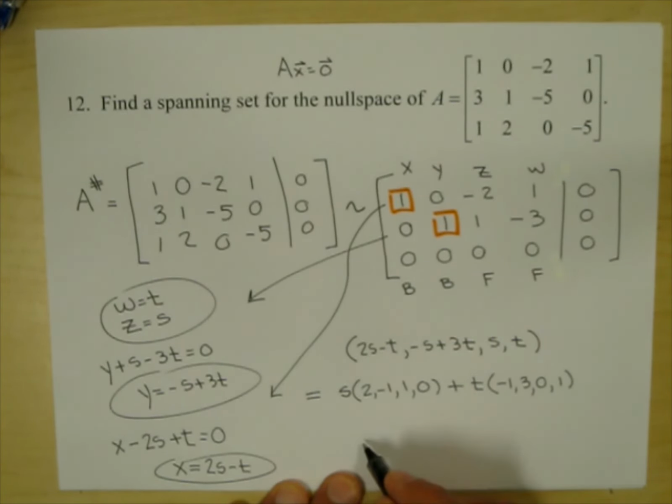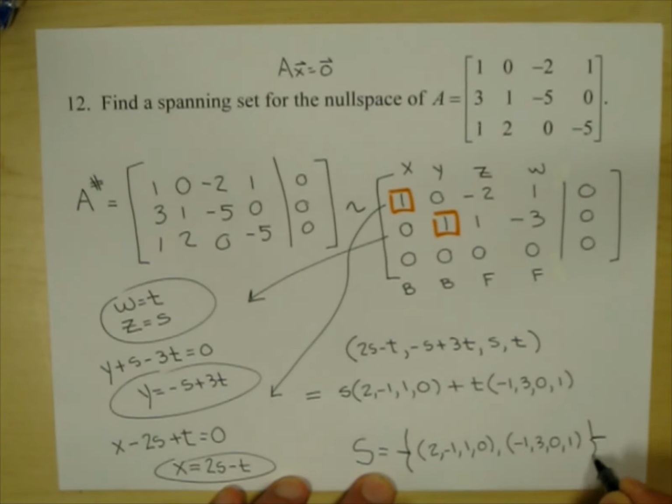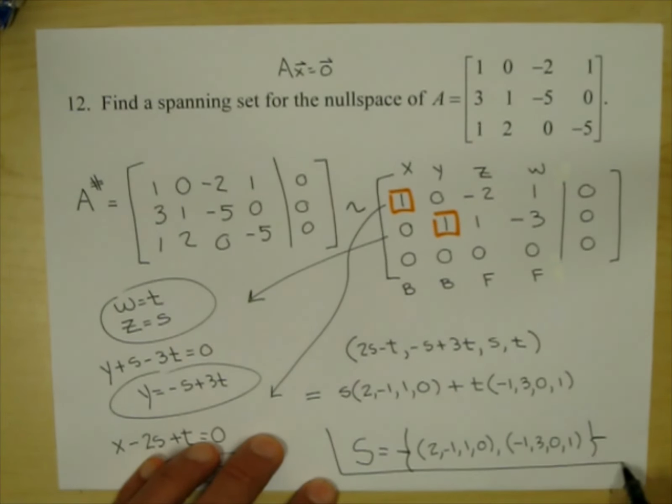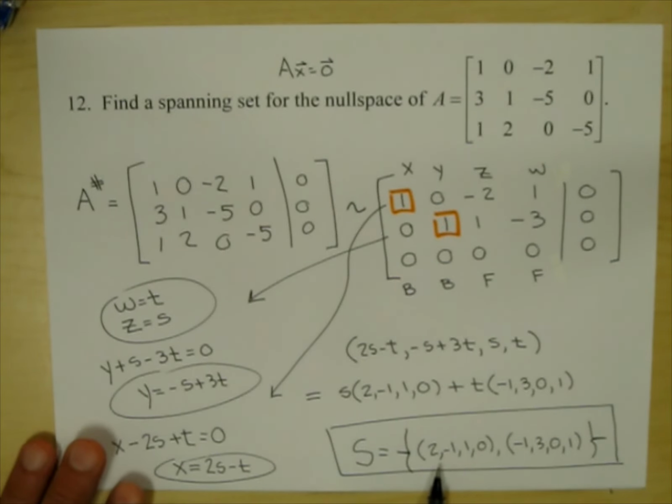So our spanning set, which we've been calling S, is just going to be a list of those 2 seeds. So this is 2, negative 1, 1, 0, and the other one is negative 1, 3, 0, 1. And so this spanning set generates the null space of this matrix.